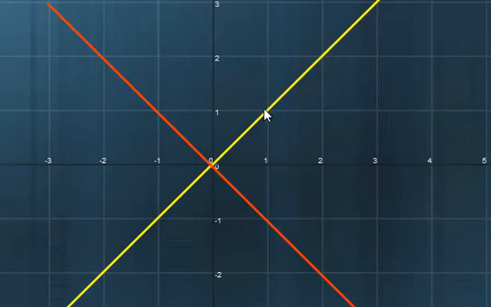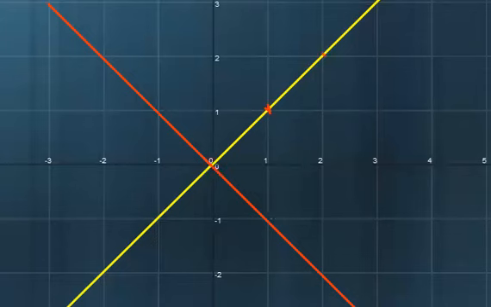Look at the coordinates. For instance, let's look at the coordinates at this point. You will discover that the x coordinate is 1, the y coordinate is 1. When you move to this point, again you are finding the same thing.